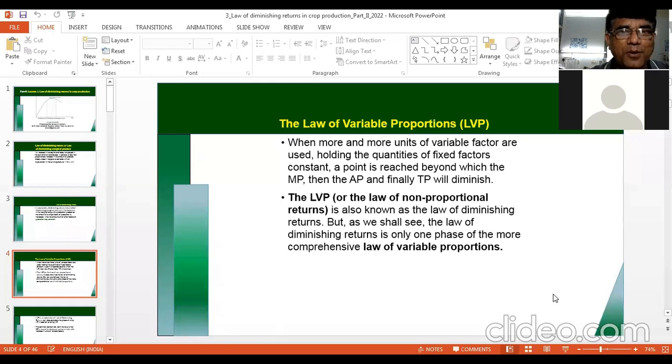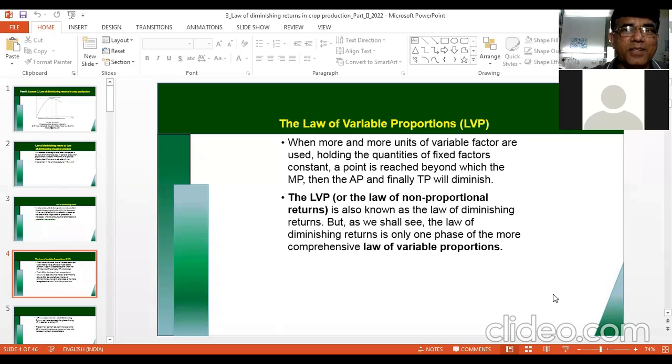You got it, I think. Only the third stage is the law of diminishing return, but to reach the third phase you need to pass through stages 1 and 2, because the law of diminishing return will not start straightaway. It has to follow stages 1 and 2.